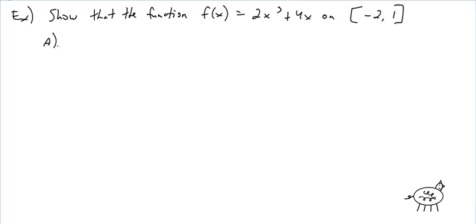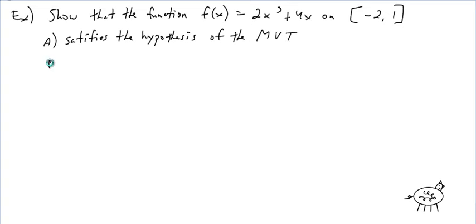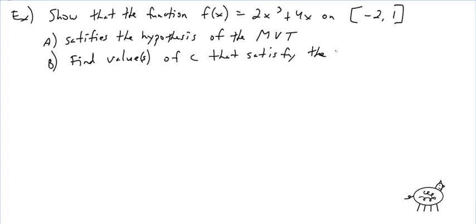Show that A, it satisfies the hypothesis of the mean value theorem, and B, I want you to find the value or values of C that satisfy the conclusion. Okay, and so when I say find C, I'm saying at what instant?